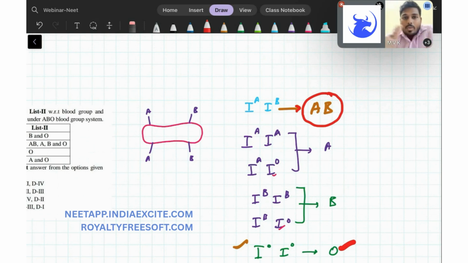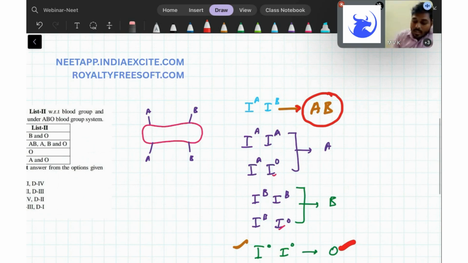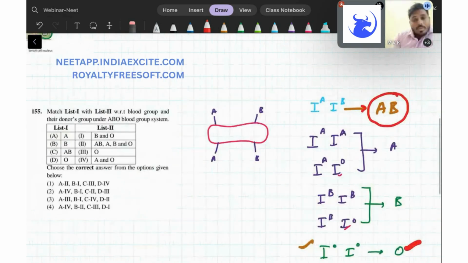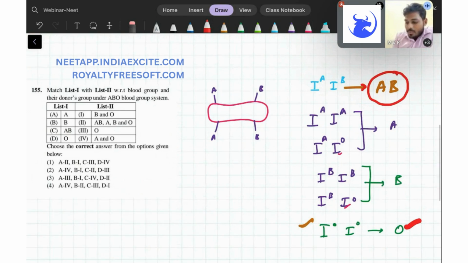They can donate only to AB blood groups, but they can receive blood from anyone because their plasma does not contain any antibodies, neither anti-A nor anti-B. So AB blood groups are universal recipients and O blood groups are universal donors.